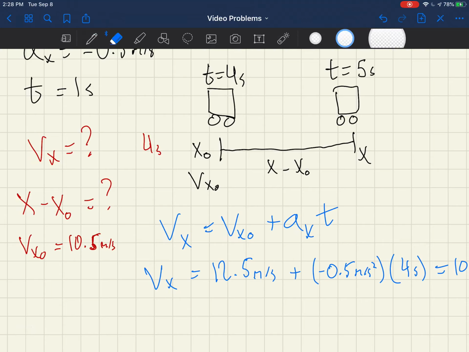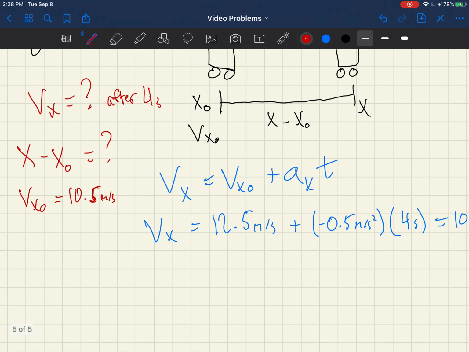Okay. So that's all we need to know to plug it into that second equation. So x is equal to x naught plus Vx naught t plus 1/2 axt squared.